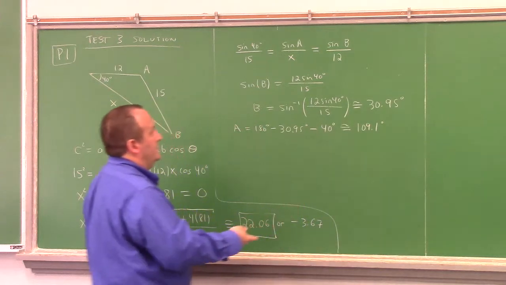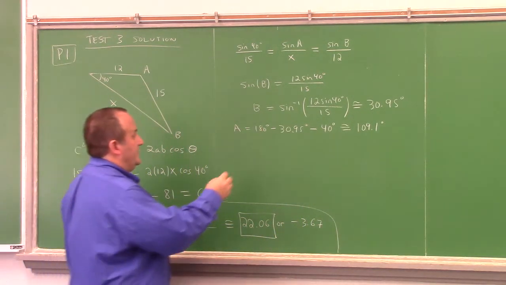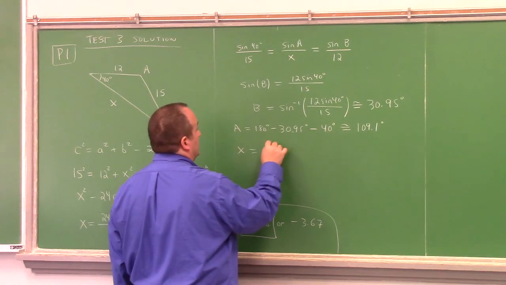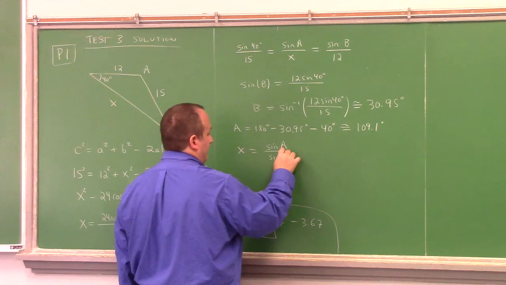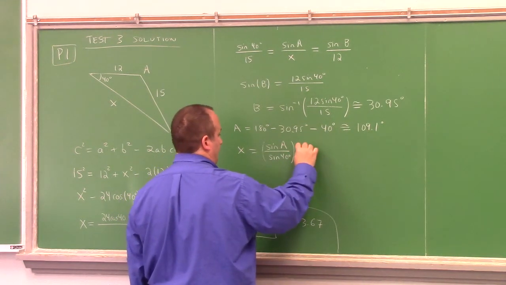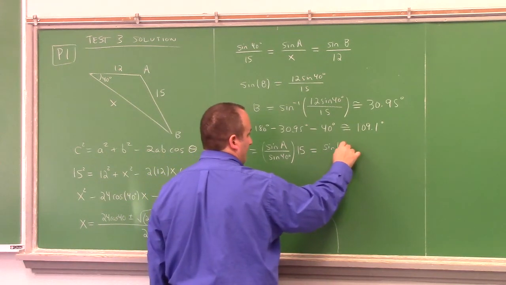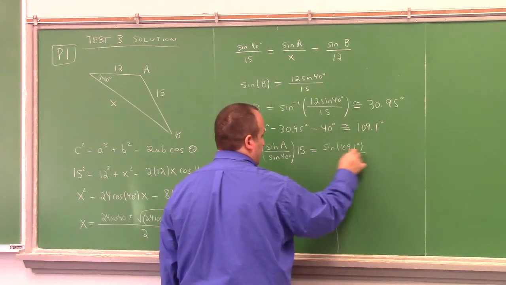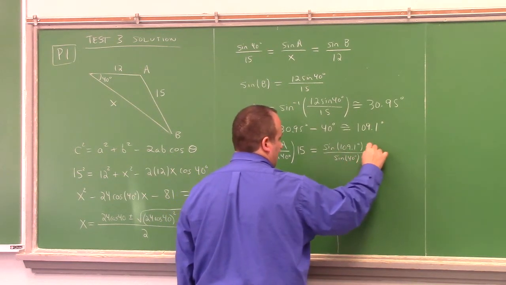And once you know that, you're in the clear, because you can go back to law of sines and solve for x. X is equal to sine of a over the sine of 40 times 15, right? So that's the sine of 109 divided by the sine of 40 degrees times 15.